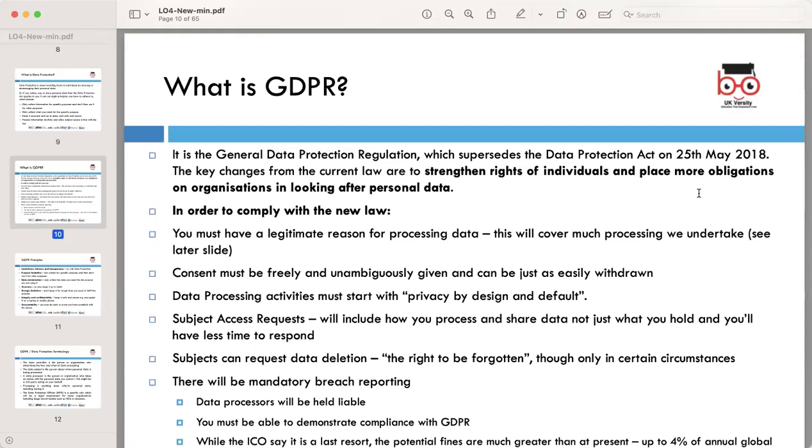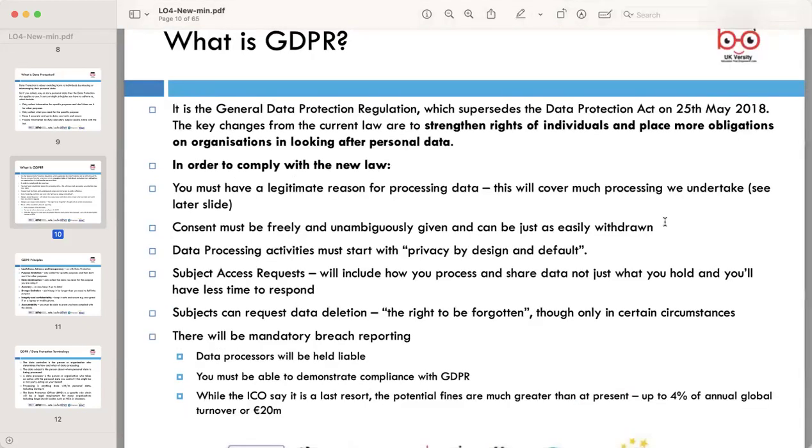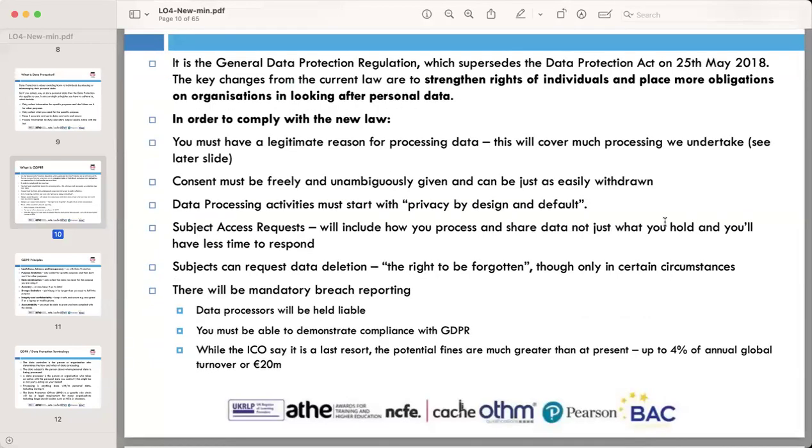initiating data processing activities with privacy by design and default, subject access requests encompassing data processing and sharing practices, not just information held, with reduced response time, granting individuals the right to request data erasure, known as the right to be forgotten, under certain circumstances, introducing mandatory breach reporting, then holding data processors liable, mandating the liability to demonstrate compliance with the GDPR, imposing potential fines of up to 4% of annual global turnover or 20 million euros, though the Information Commissioner's Office considers fines a last resort.